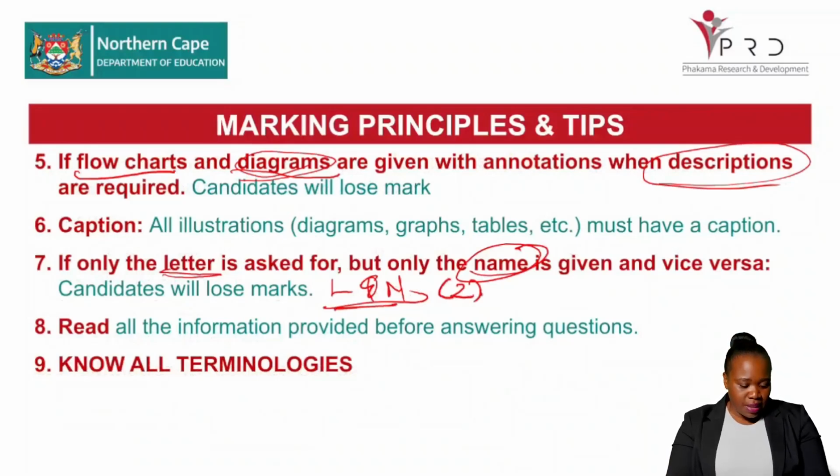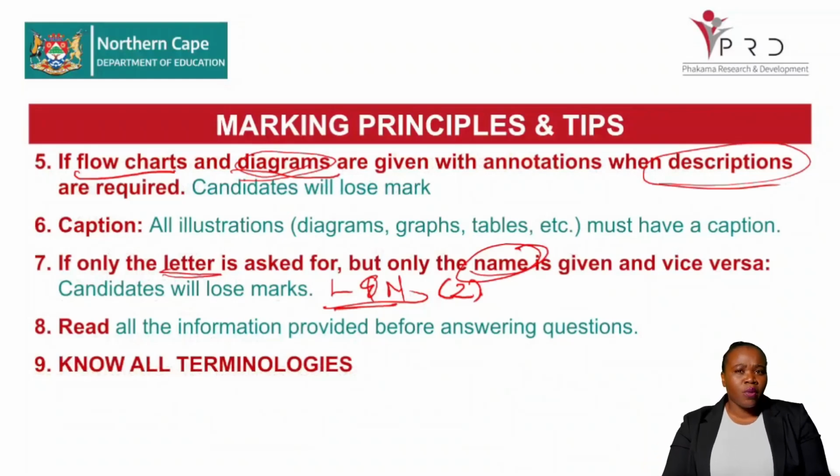The next one says read all the information provided before answering questions. Make sure you read this information so that you know exactly what you are going to be answering, and what the question is all about before you even get to the questions. Because if you rush to answering the questions without understanding, then you would lose marks as well.